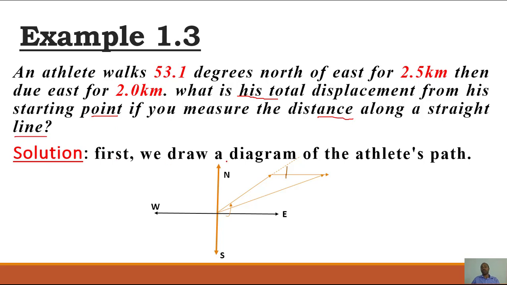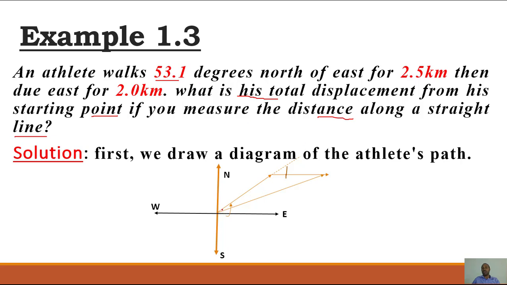So, solution: first we draw the free body diagram of the athlete's path, which is north of east. You have this angle measure, north of east, 53.1 degrees.